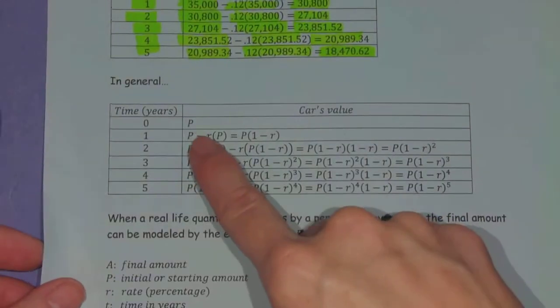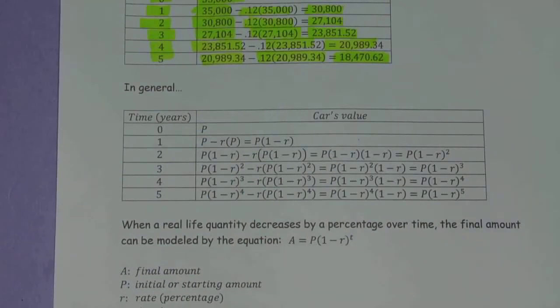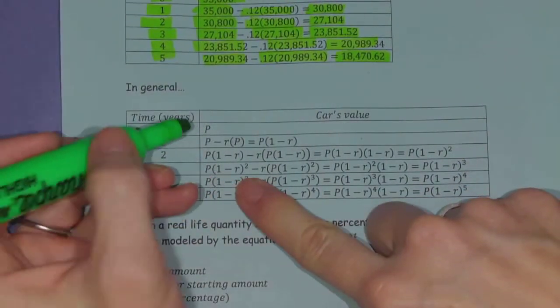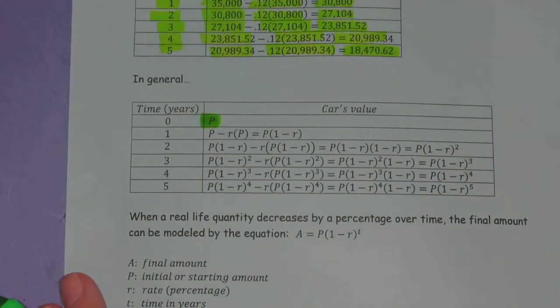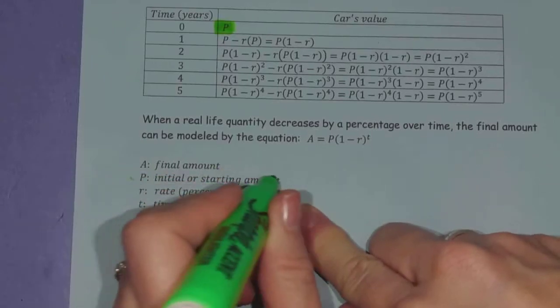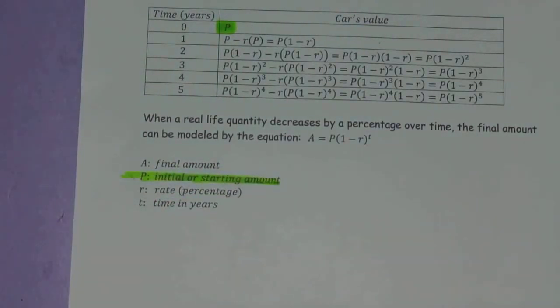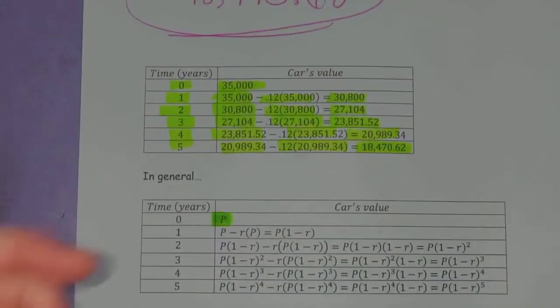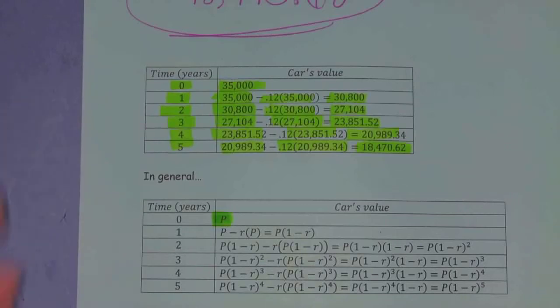In this unit, we call the car's initial or starting value P, principal, okay? And if you look down here a little bit later, you can see that P stands for the initial or starting amount. So our P right now represents 35,000 or any starting value.